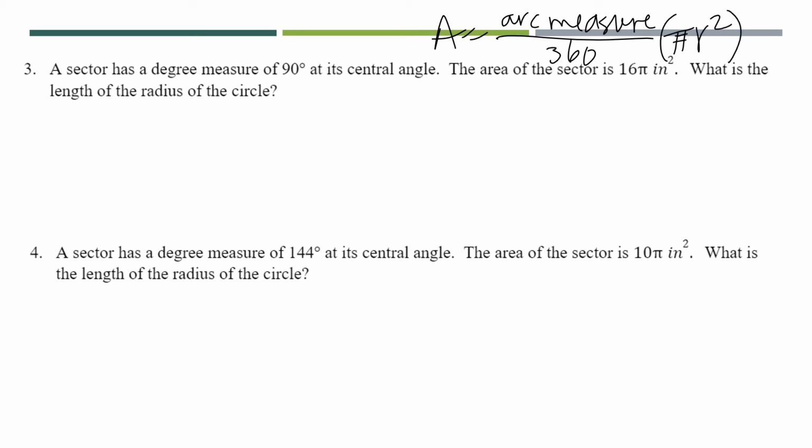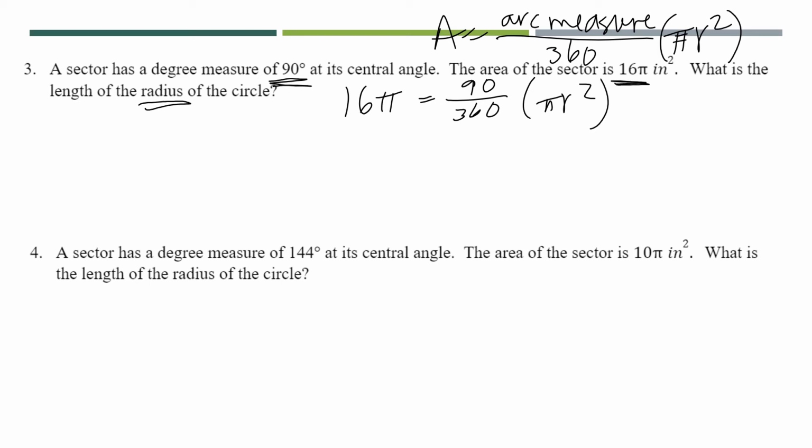So a sector has a degree measure of 90 degrees at its central angle. The area of the sector is 16 pi inches squared, and we're looking for the radius. So we're going to have 16 pi equals, my arc measure is 90 over 360 times pi r squared.